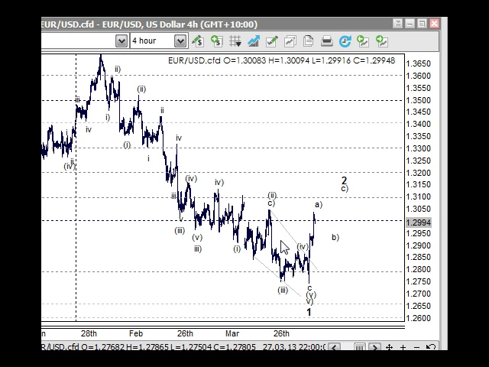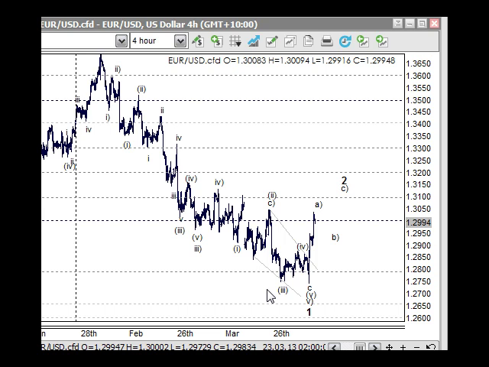But in an ending diagonal triangle, each wave structure between each wave here will be in 3 waves. Okay, so the triangle is a 5-wave structure overall, but internally each wave will be 3 waves within that. And this is pretty much a textbook ending diagonal triangle for a bear market, and the same for an ending diagonal triangle to the upside as well.